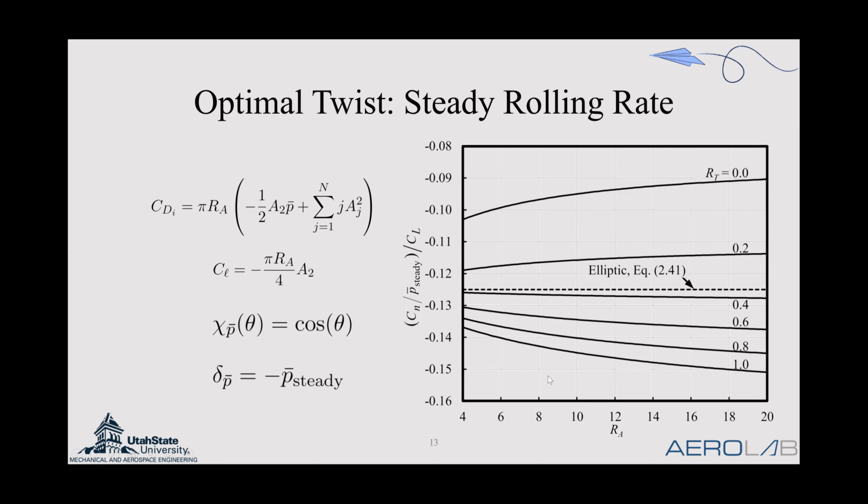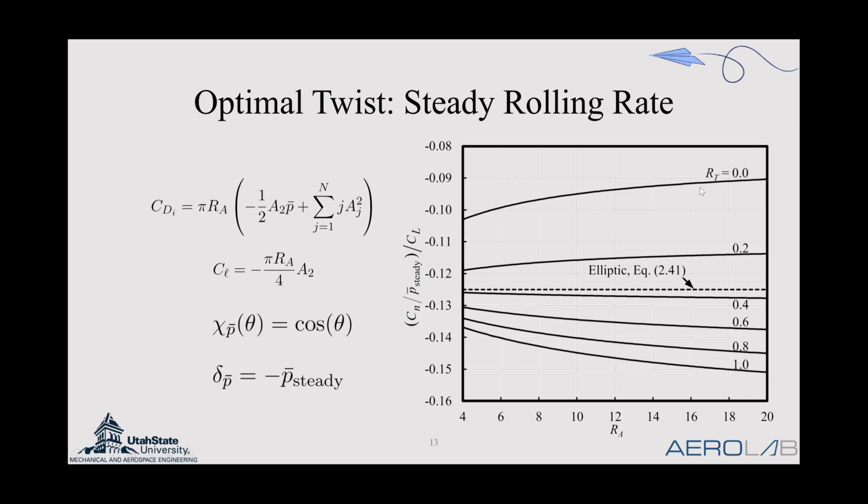I've instead looked at here, if we were to use an elliptic planform, and if we were to use this steady rolling rate optimal twist for a steady rolling rate maneuver, how does that affect our roll-yaw coupling, our yawing moment to our rolling rate ratio?